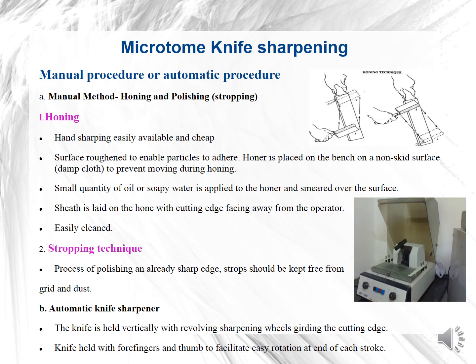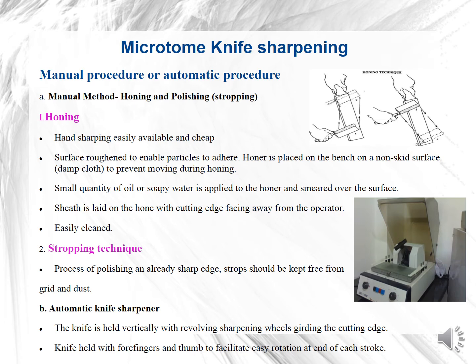The hone is placed on a bench or a non-skid surface to prevent moving during honing. A small quantity of oil or soap water is applied to the hone and smeared over the surface. The knife is laid on the hone with the cutting edge facing away from the operator. It is easily cleaned and very easy to use.